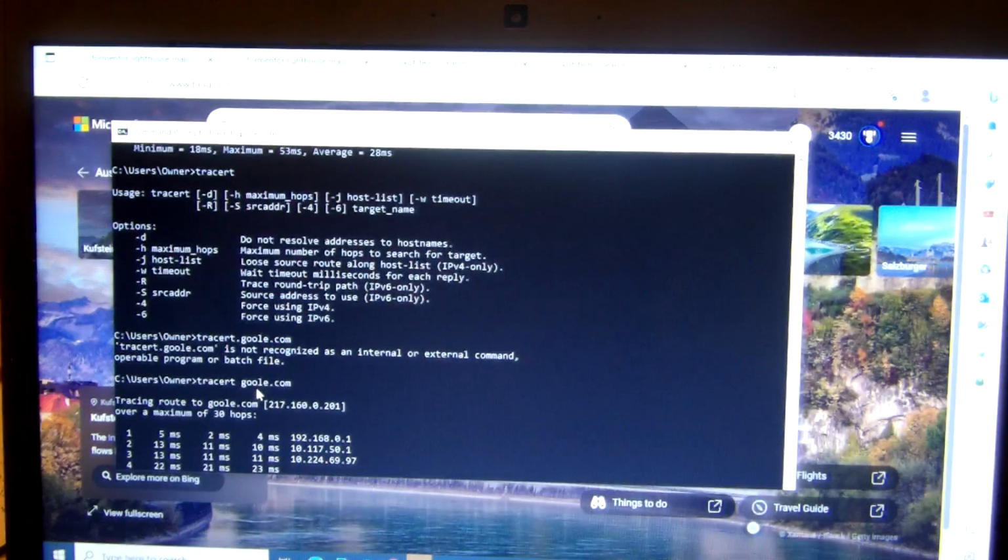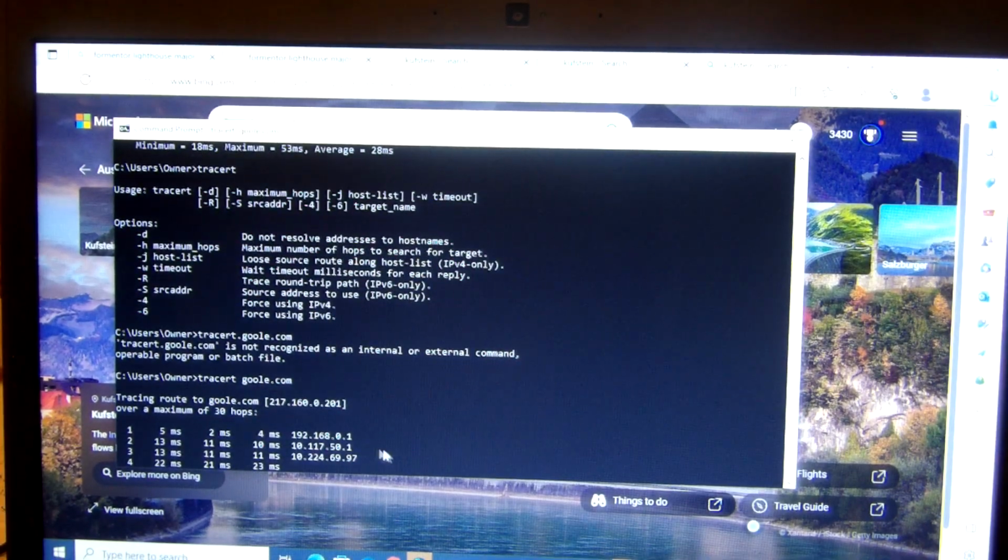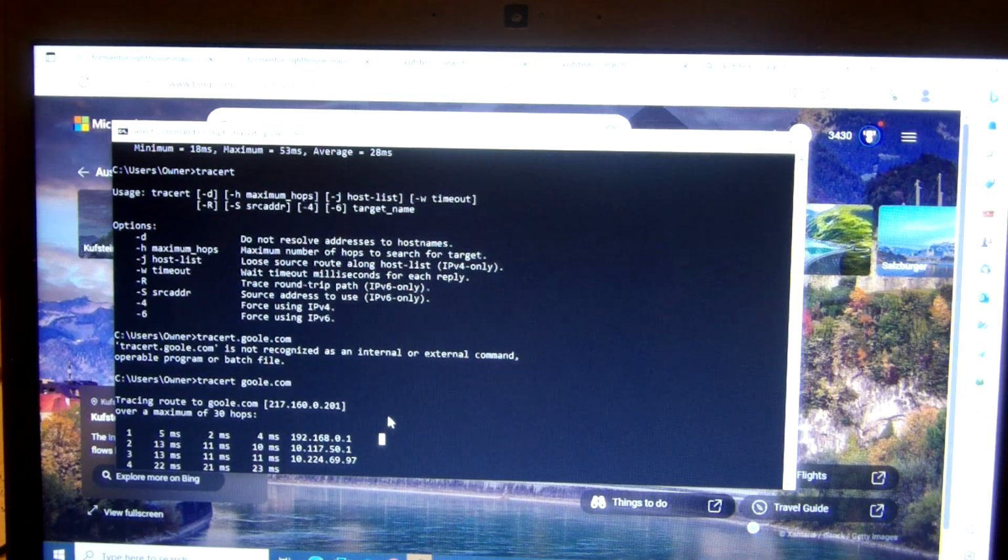I didn't write it, probably it's understood. It's tracert google.com. I wrote it, google.com, okay?